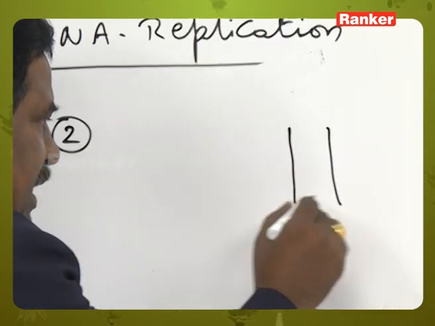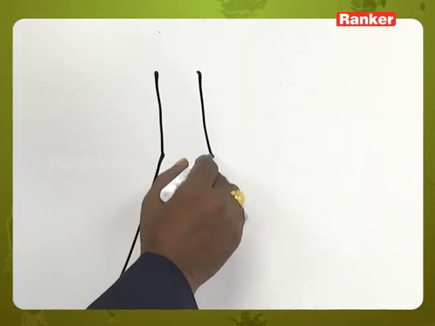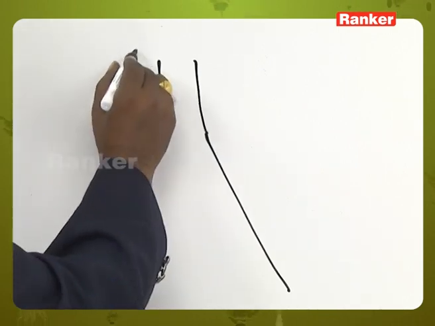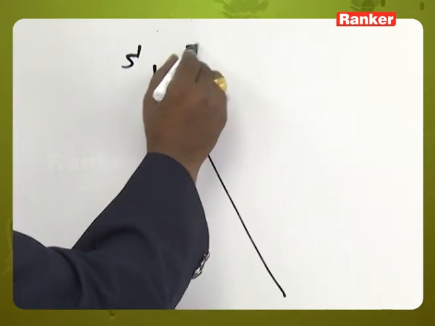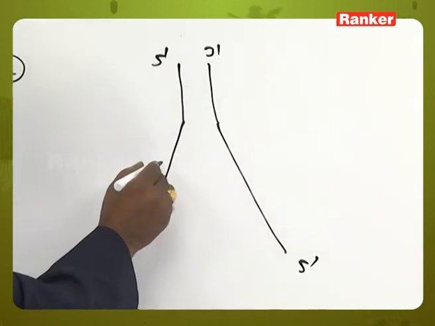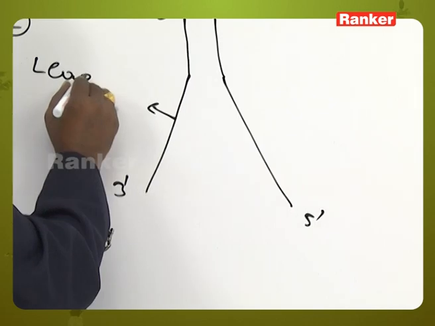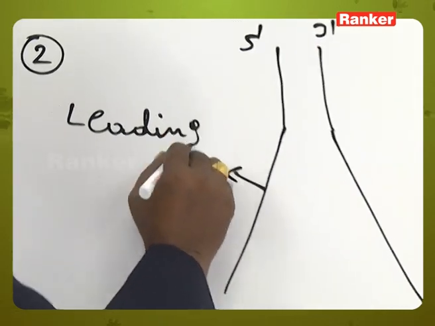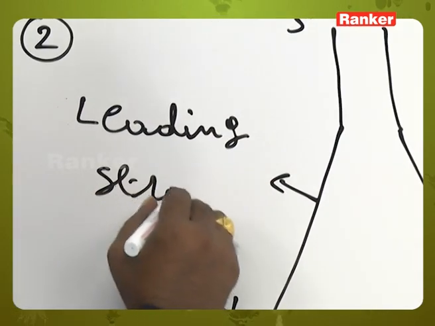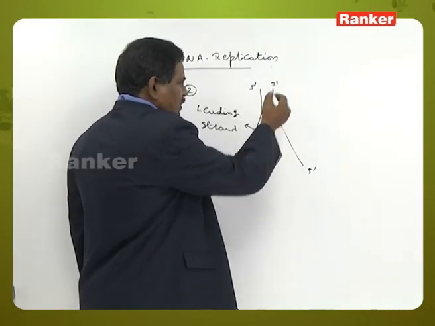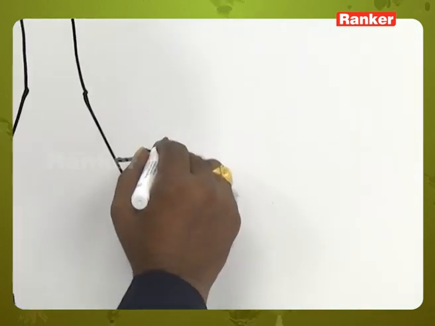When the two strands of DNA separate from one another at the origin of replication, the strand with 3'-5' polarity is called the leading strand, and the other strand with 5'-3' polarity is the lagging strand.